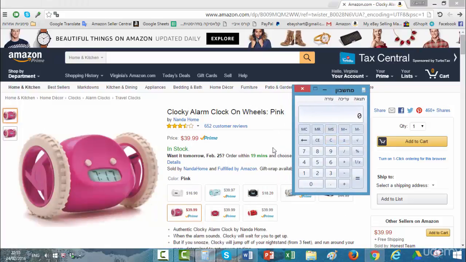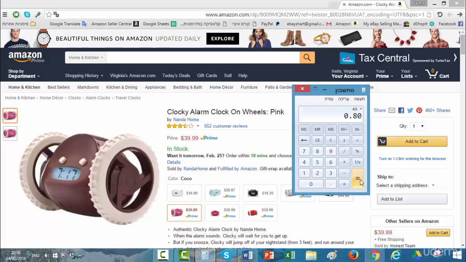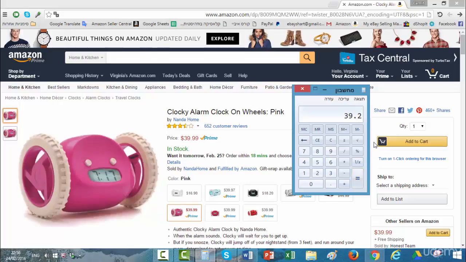Let's say I found this item and I want to price it at $49. If I price it at $49 and I multiply 49 by 0.80, that is after the 20%, okay? I'll be left with $39.20.